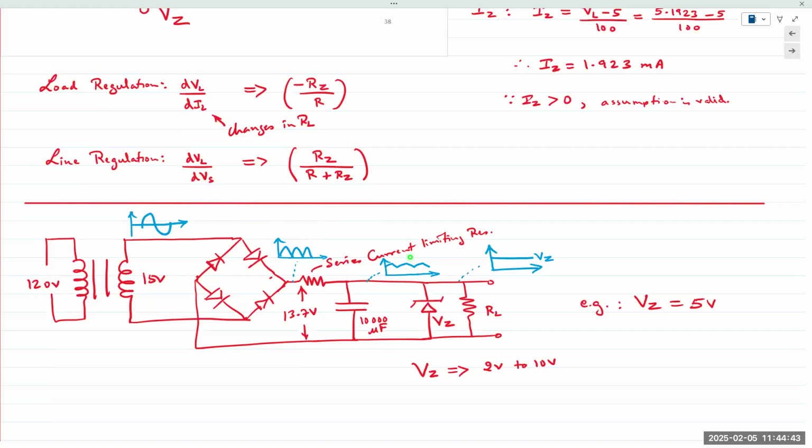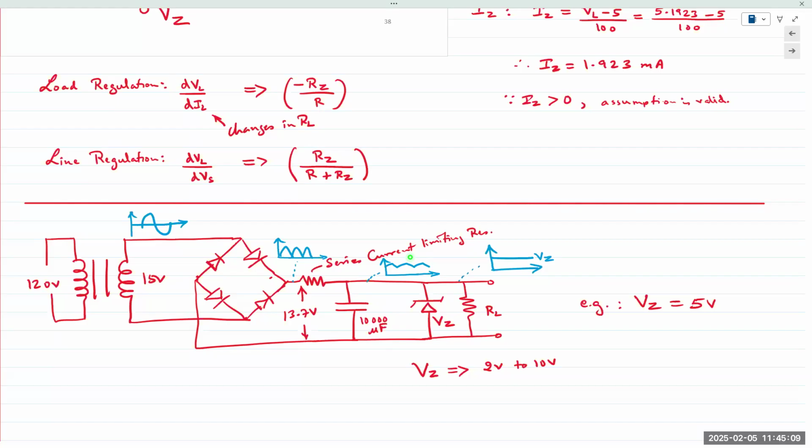So line regulation is regulation of fluctuations in the line voltage. Load regulation is fluctuations in the load resistor. When the supply voltage changes, the output should be regulated and stay constant. Line is basically the power line, the voltage coming from your power supply.